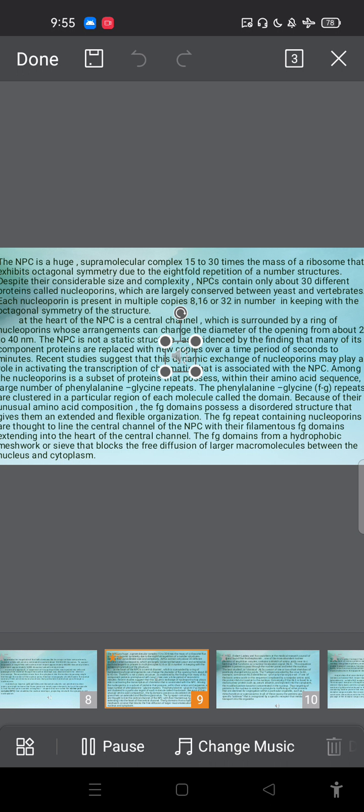The FG repeat-containing nucleoporins are thought to line the central channel of the NPC with a filamentous FG domain extending into the heart of the central channel. The FG domains form a hydrophobic meshwork or sieve that blocks the free diffusion of larger macromolecules between the nucleus and cytoplasm.